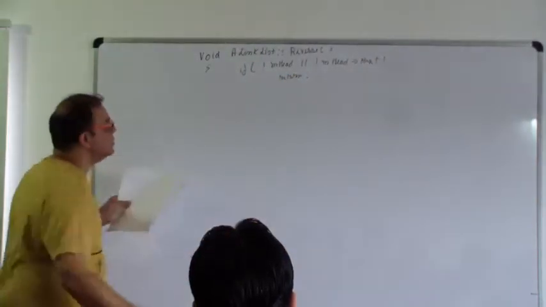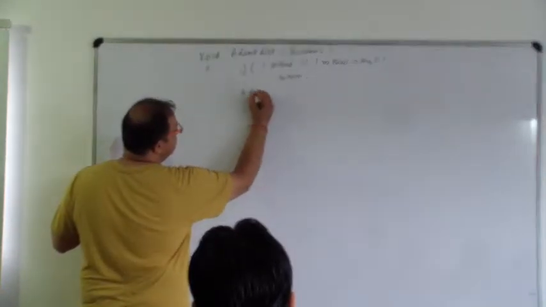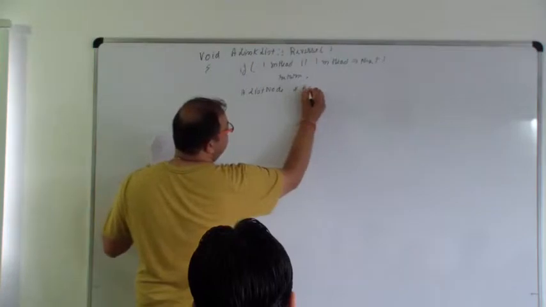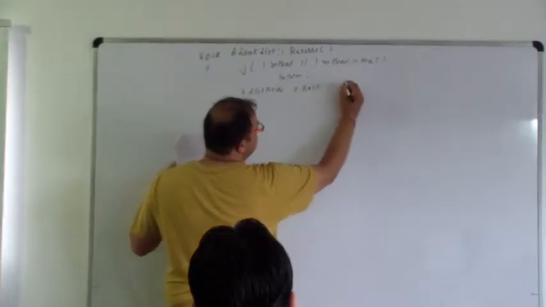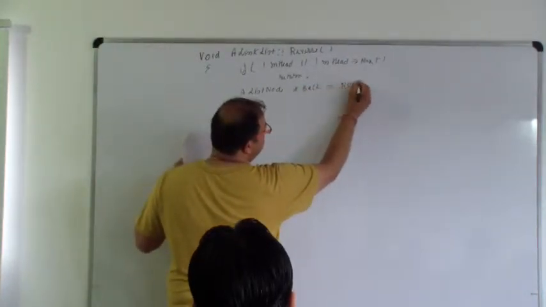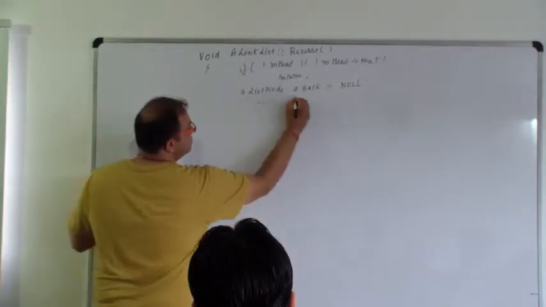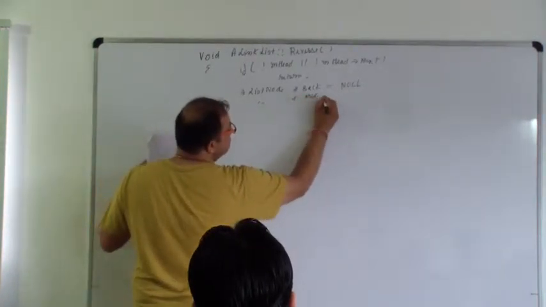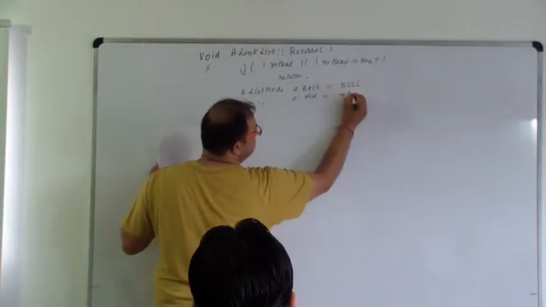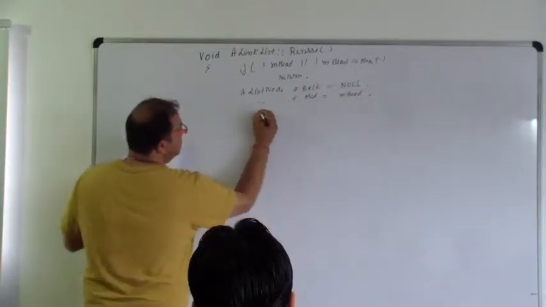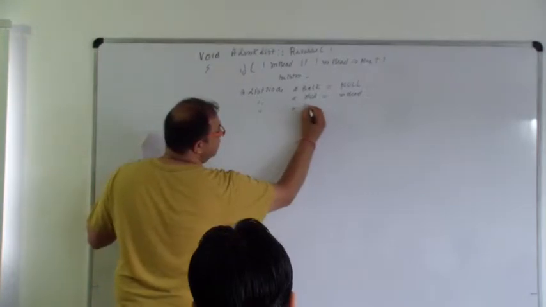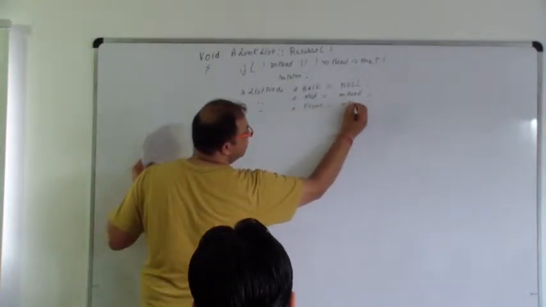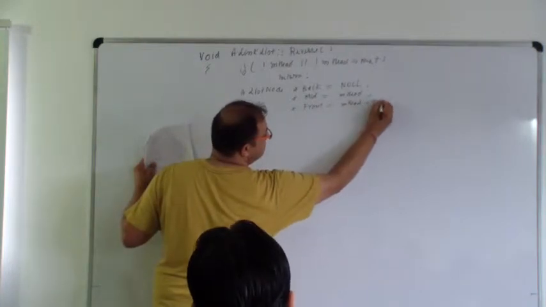Otherwise we take 3 pointers. ListNode star back is equal to null. ListNode star middle is equal to m head, and ListNode star front is equal to m head arrow next.